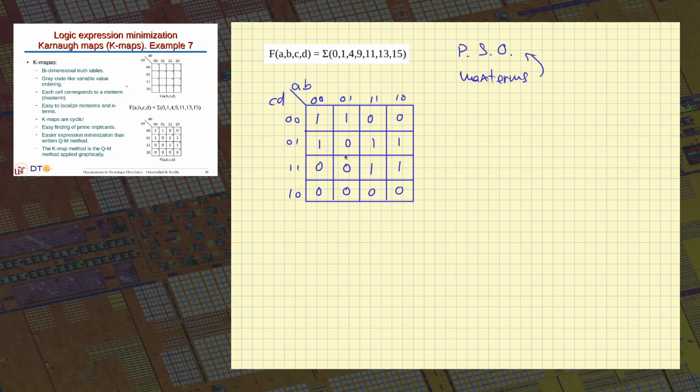But now I just use the zeros and I do the same thing. If I start with this 0, for example, this has an adjacent 0 here, I have a first order implicant here. Now I check all around. On the left I don't have zeros, on the bottom I don't have them, but on the top, in this row, I have them. So this is an implicant.